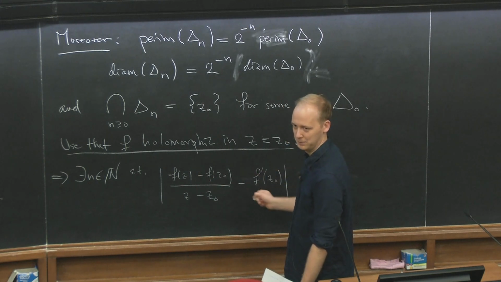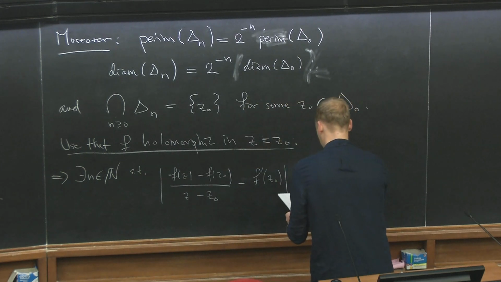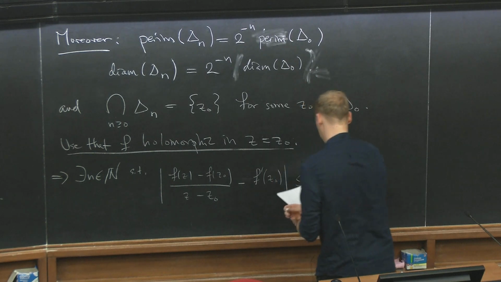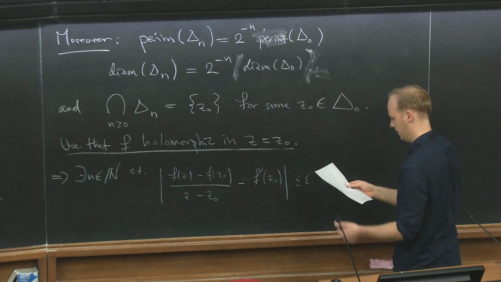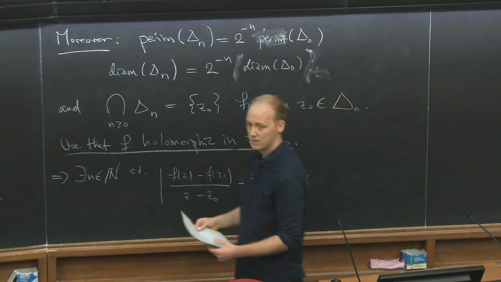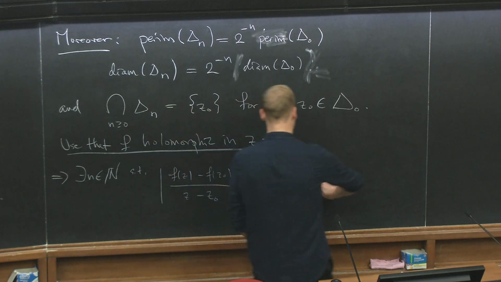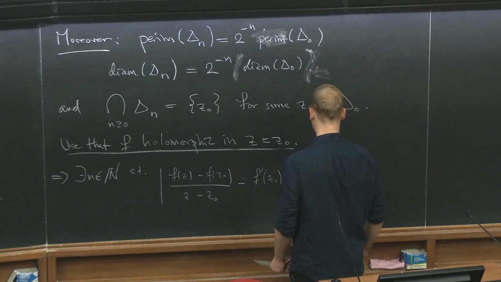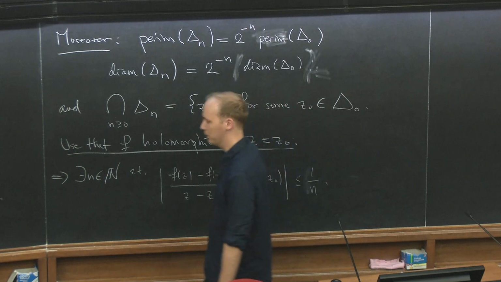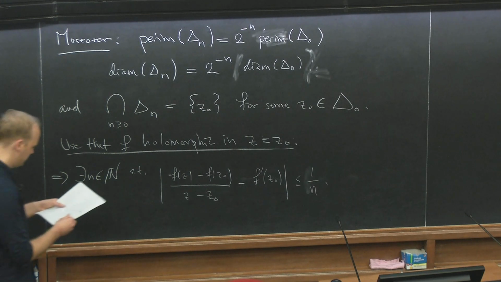And everything is well defined, in particular, because I can talk about f prime since f was assumed to be holomorphic. Okay, so this less than epsilon. Who is epsilon? Did I write down epsilon on the board somewhere? Sorry? Yeah, probably. This is what I wanted to say. Yeah, maybe. Okay. The point is anyway, however way you want to write it, the point is that it's small. Okay? Right. So this is what I wanted.